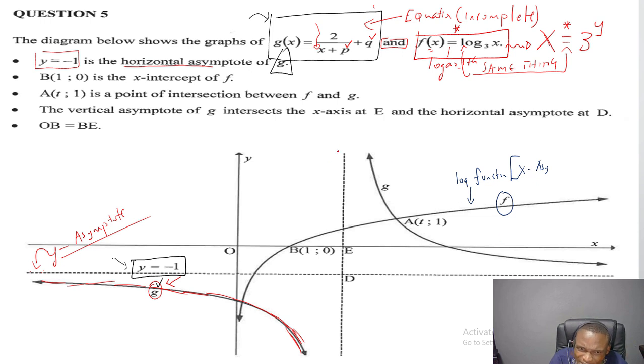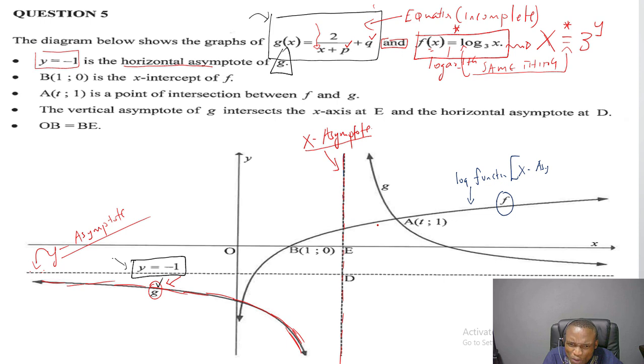Because I see this x asymptote here, which I'm showing with the red color. Can it be the x asymptote of this log function? The answer is no.